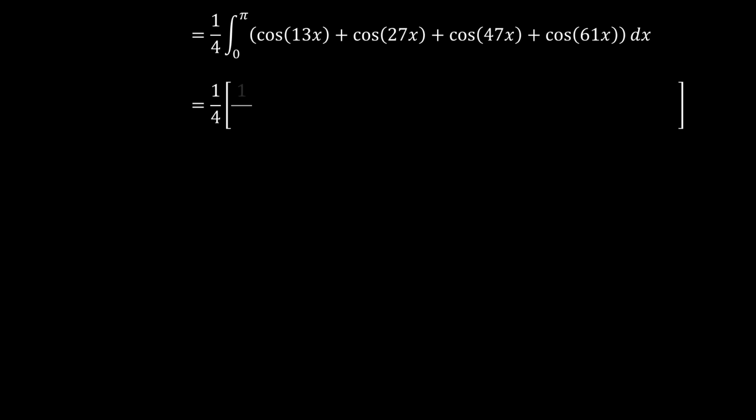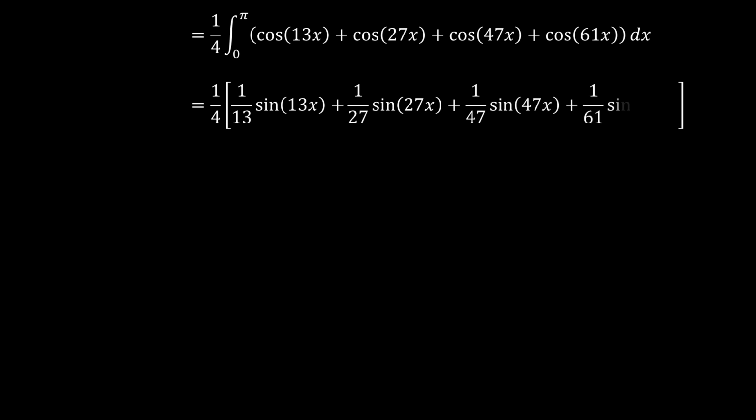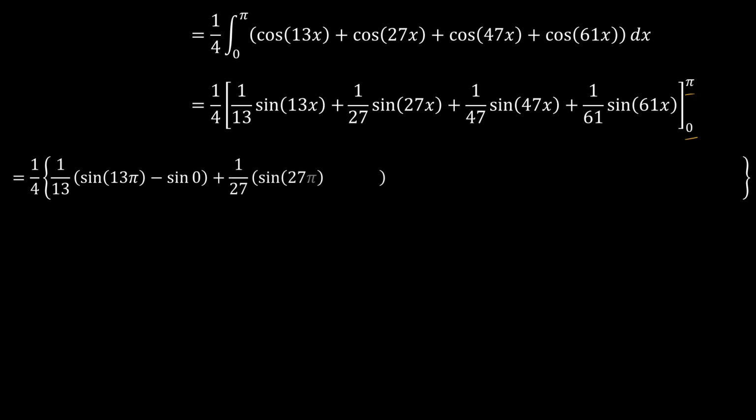When you integrate these functions independently, we have a quarter of 1 over 13 sine 13x plus 1 over 27 sine 27x plus 1 over 47 sine 47x plus 1 over 61 sine 61x, with the limits 0 and pi applied appropriately. So we have 1 over 13 times sine 13 pi minus sine 0, plus 1 over 27 times sine 27 pi minus sine 0, plus 1 over 47 times sine 47 pi minus sine 0, plus 1 over 61 times sine 61 pi minus 0.